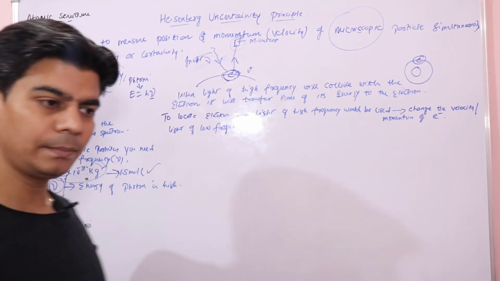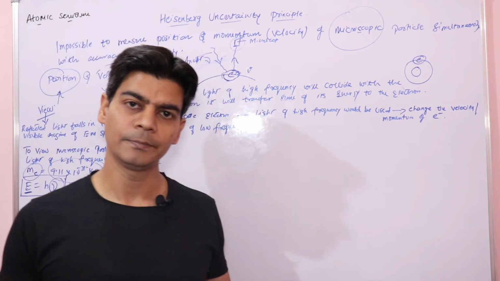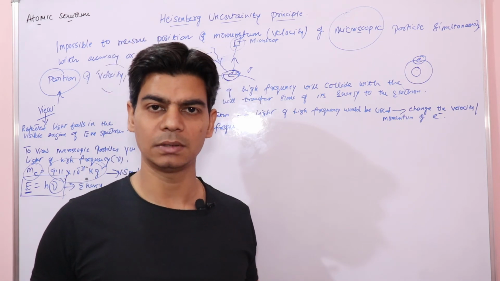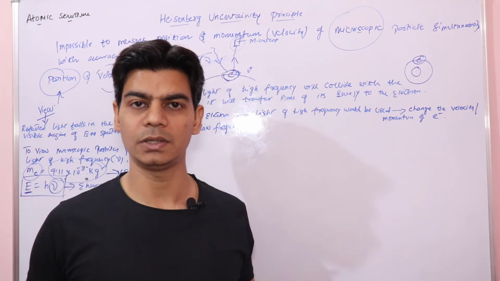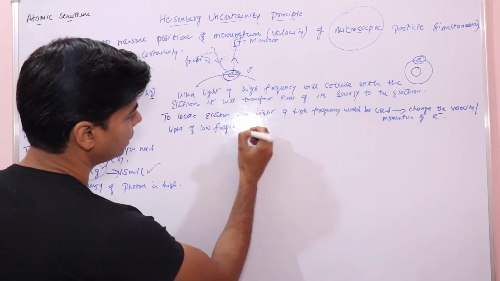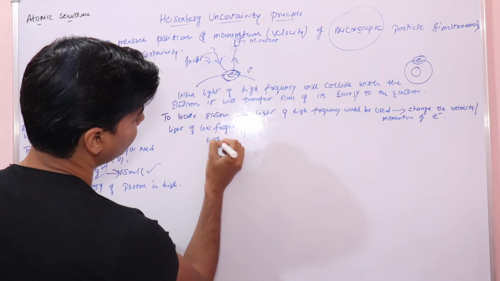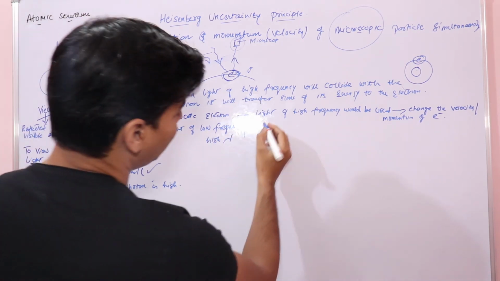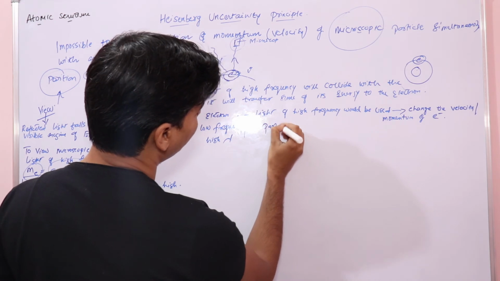But at the same time, as I said earlier, in order to view microscopic, extremely small particles, we need a light of high frequency. So when you use a light of low frequency or high wavelength denoted by lambda, the particle would not be visible.